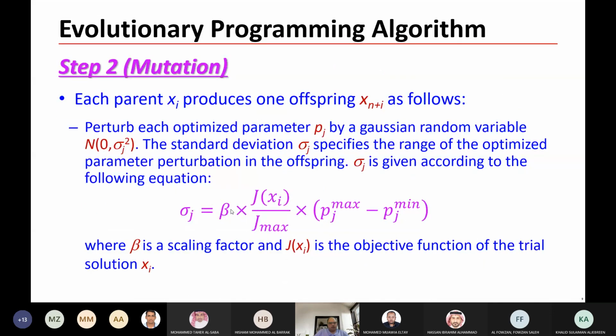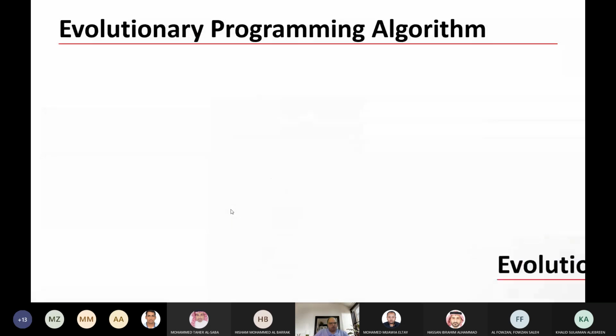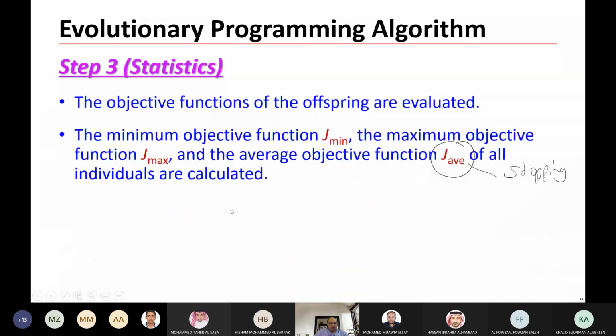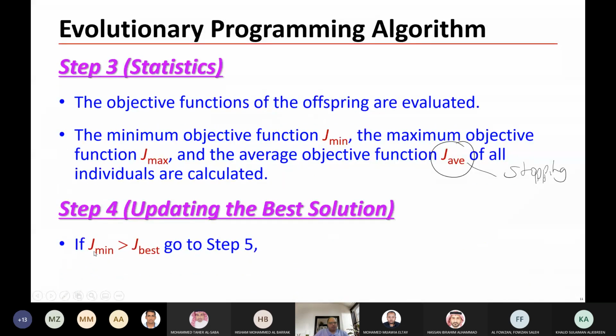Now we have 25 solutions more, so we can compare the objectives. If J minimum here is greater than J best, what does it mean? It means we have a better solution than the best stored, or not.